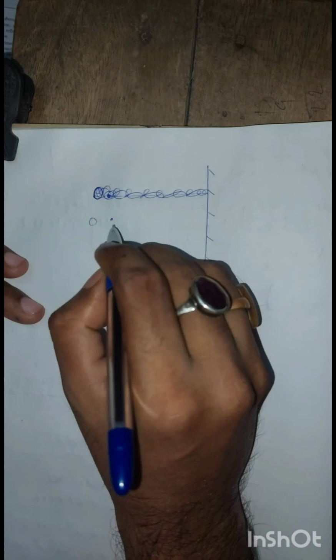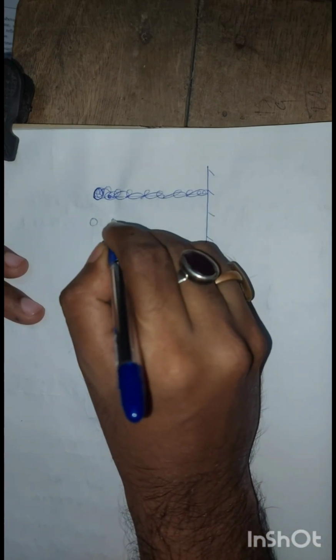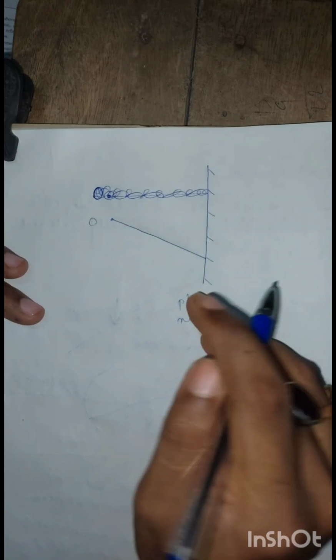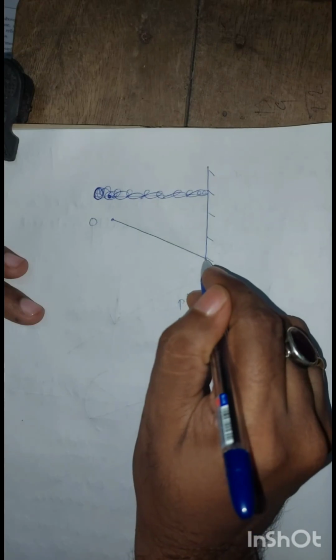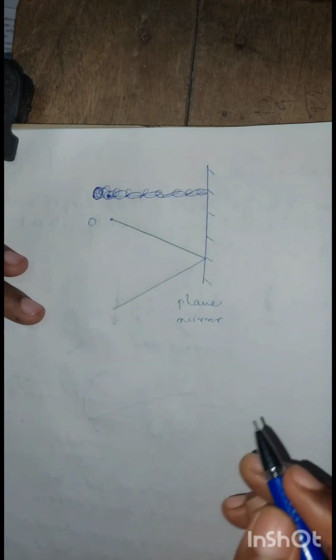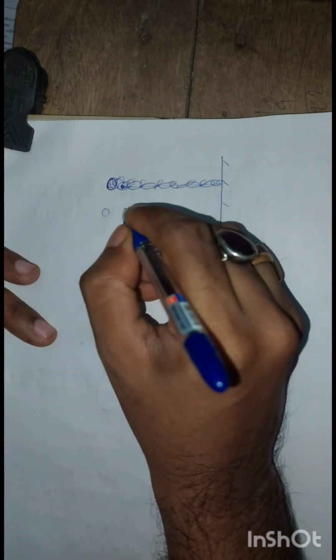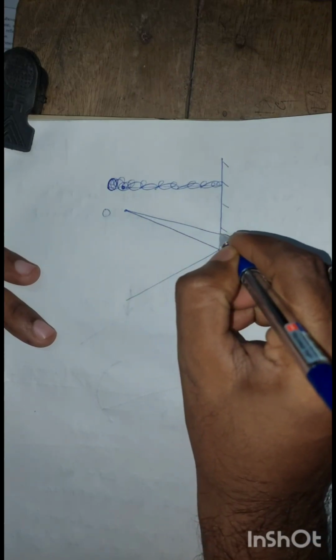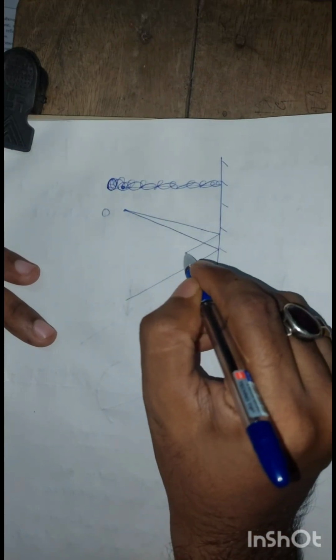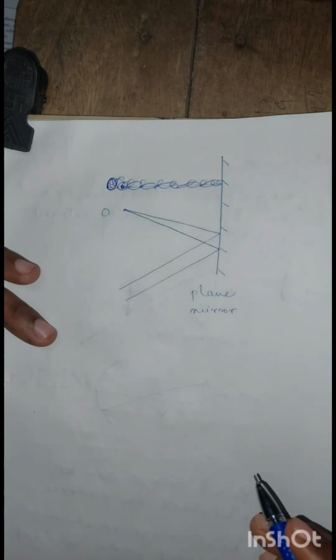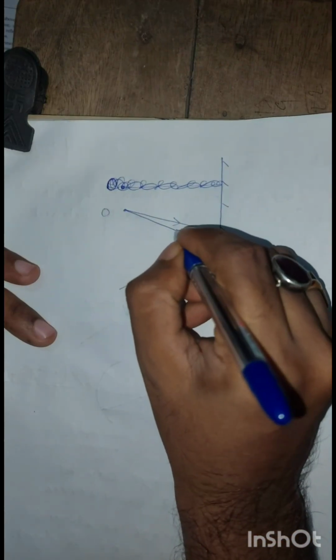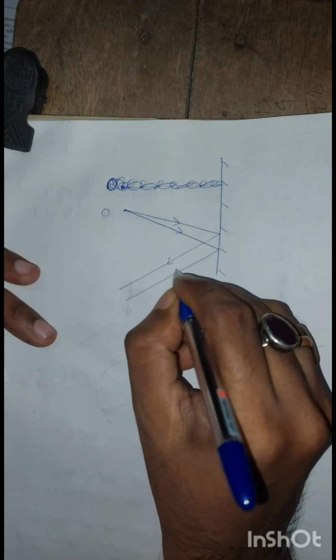Now, two light rays come out of it. One, after getting reflected, goes in this direction, and the second ray, after getting reflected, goes in this direction. So these are the directions.